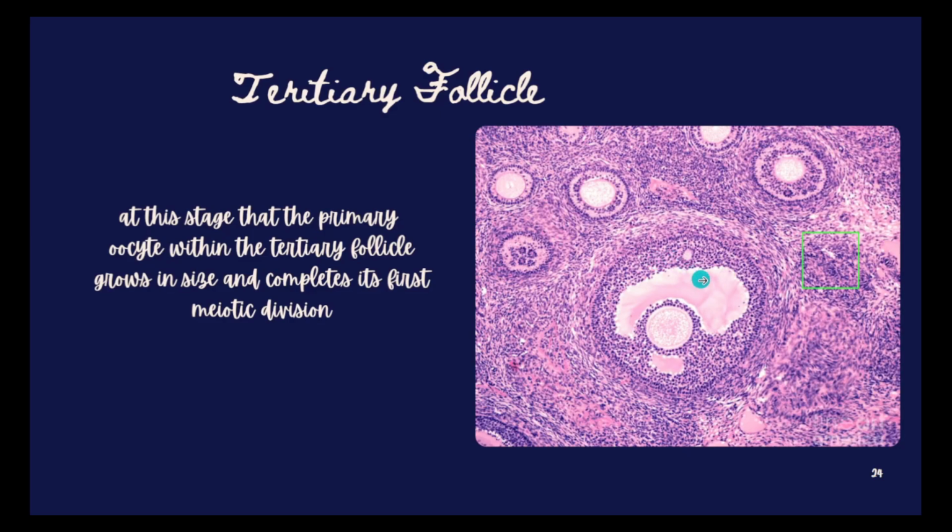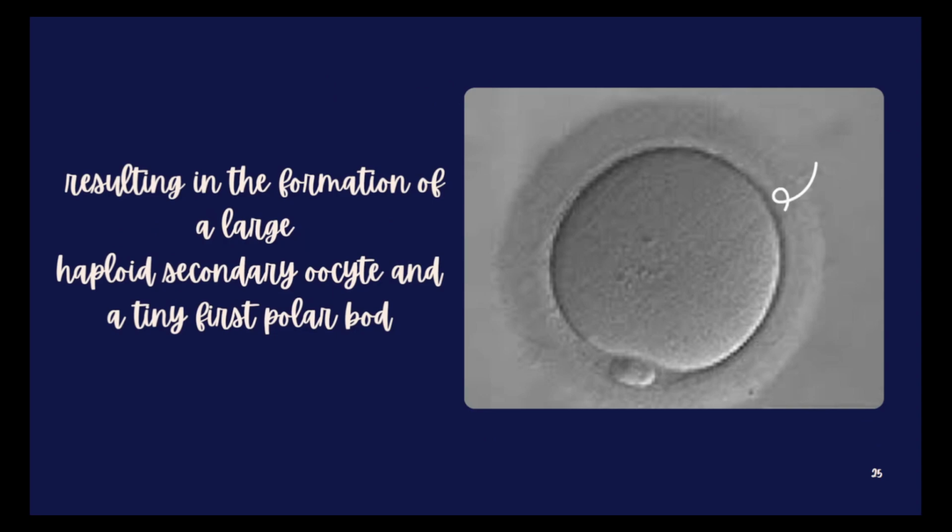And now it completes its first meiotic division, producing 2 daughter nuclei, in which the larger haploid cell is called secondary oocyte and the tiny one is called the first polar body. The secondary oocyte retains the bulk nutrient-rich cytoplasm of primary oocyte.